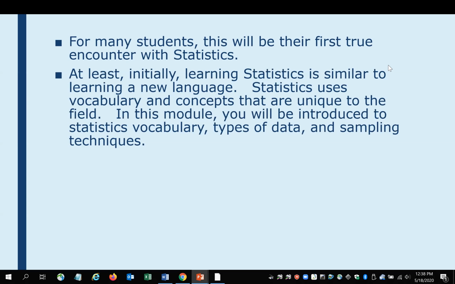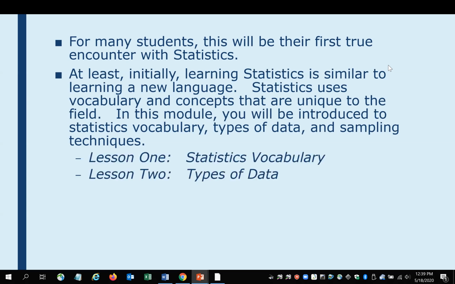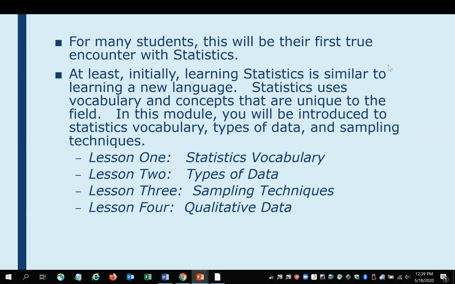And so in this first module, that's what we're going to do. We're going to get familiar with the language of statistics. We're going to look at statistics vocabulary, different types of data, different sampling techniques. And then in the fourth lesson, we actually begin focusing on what we call qualitative data.